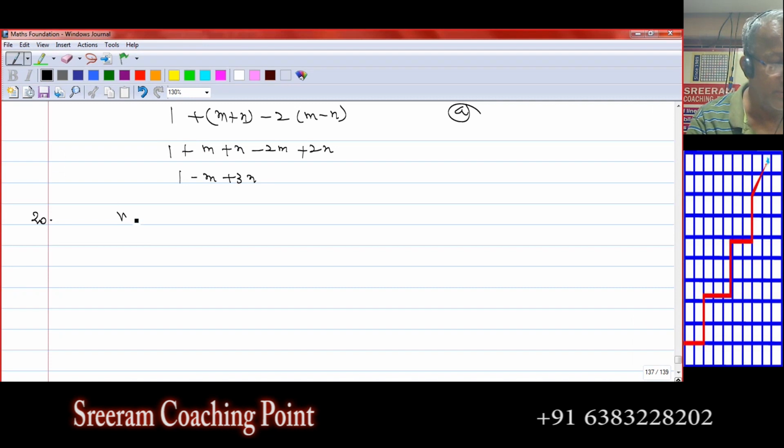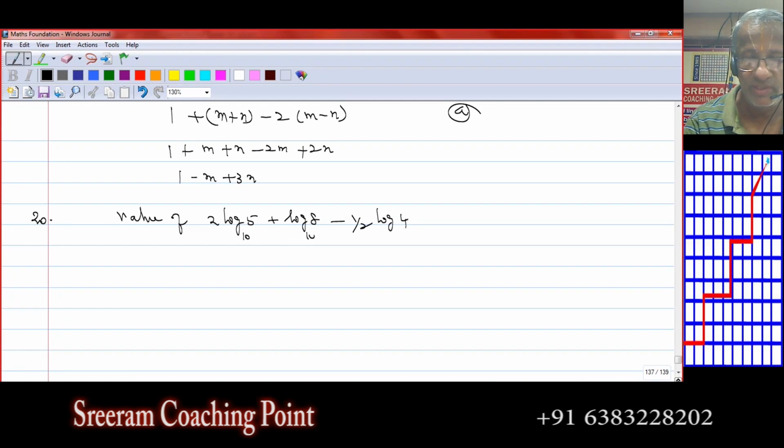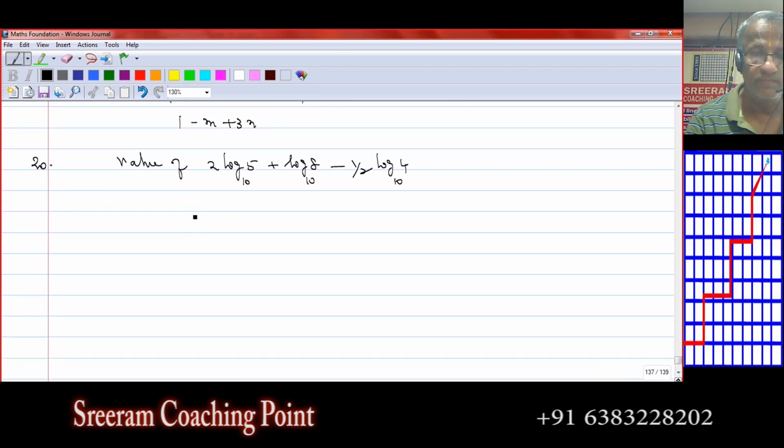Value of two log 5 plus log 8 minus half log 4, all to the base 10. It is log 25 into 8 divided by 2.